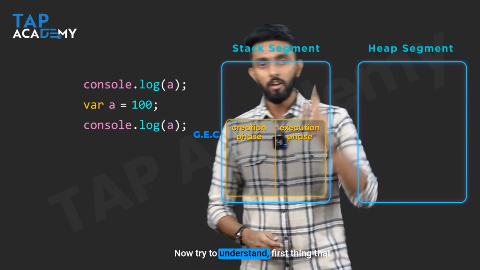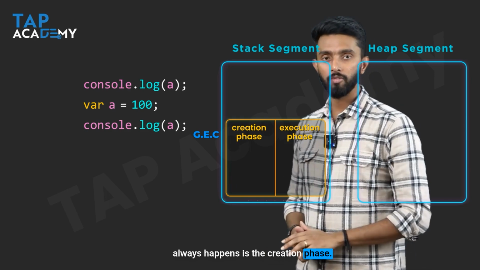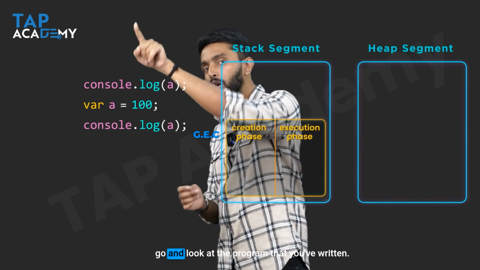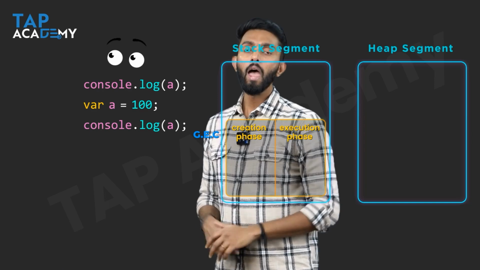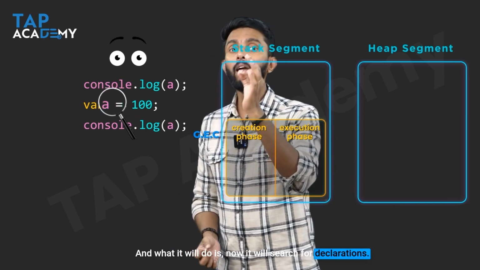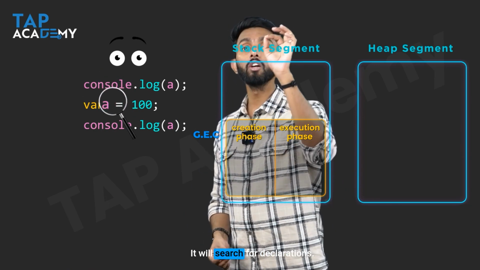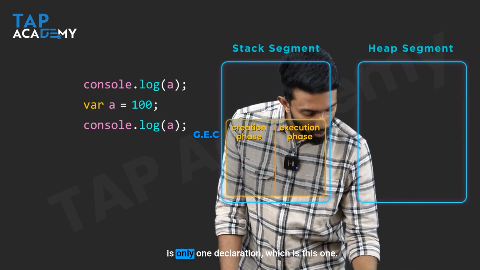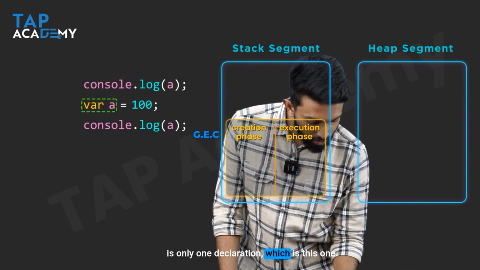Try to understand. First thing that always happens is the creation phase. In the creation phase, JavaScript will go and look at the program that you have written, and it will search for declarations. And if you have eyes, you can notice there is only one declaration, which is this one.